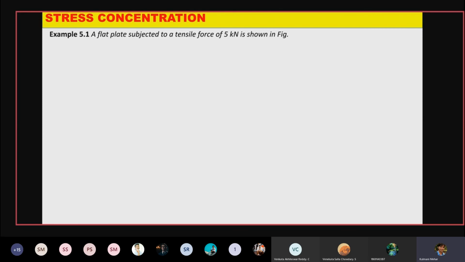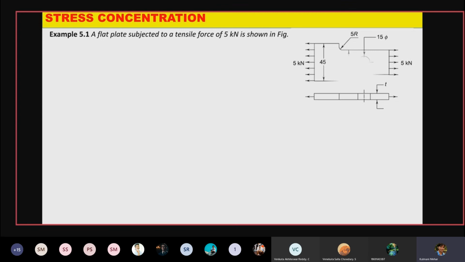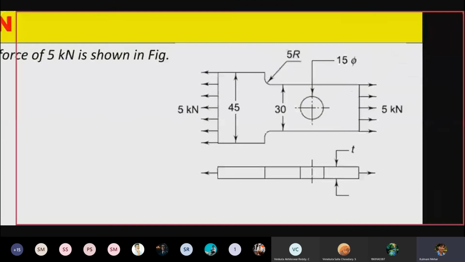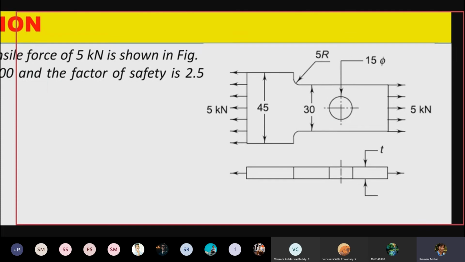The question gives us a flat plate subjected to a tensile force of 5 Newton as shown in the figure like this. Here you can see the 5 Newton working load, and the diameter is given at different places.